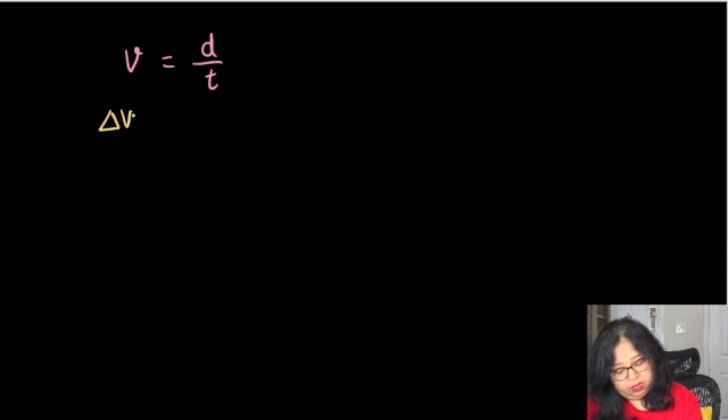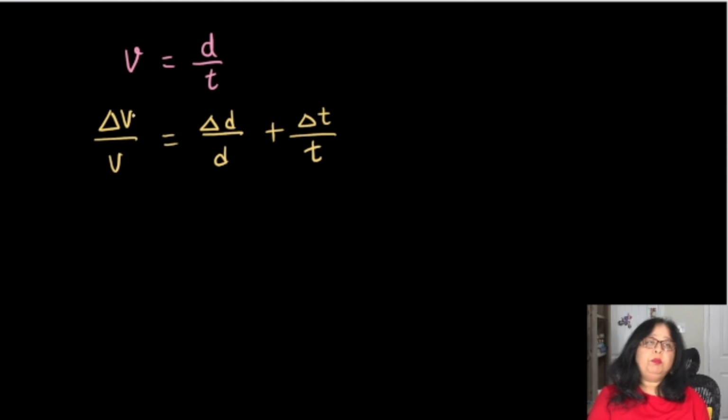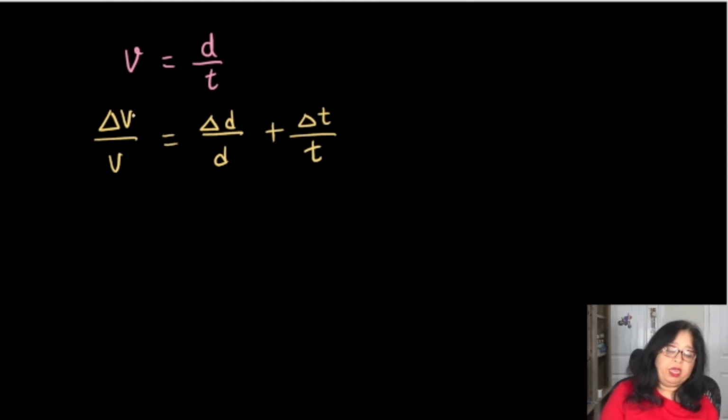Let's look at it using the generic formula, which in this case is the same again. So I have this formula V equals D over T, right? I want to find delta V over V. This will be delta D over D plus delta T over T. So it does not matter whether you're multiplying or dividing. The formula remains the same.